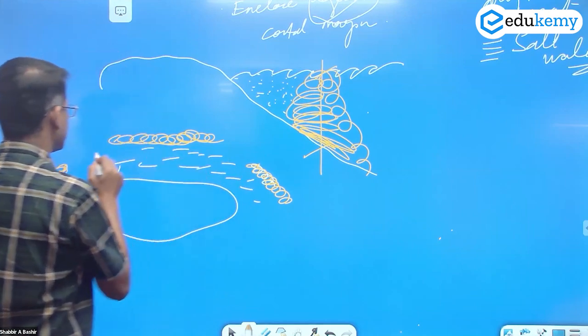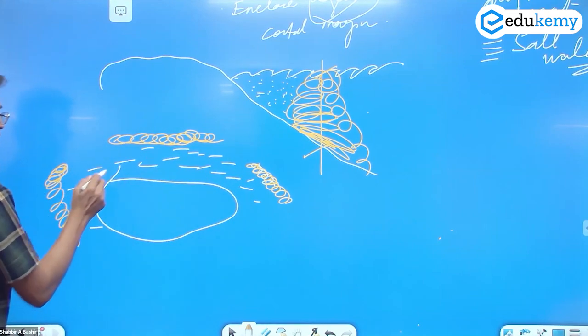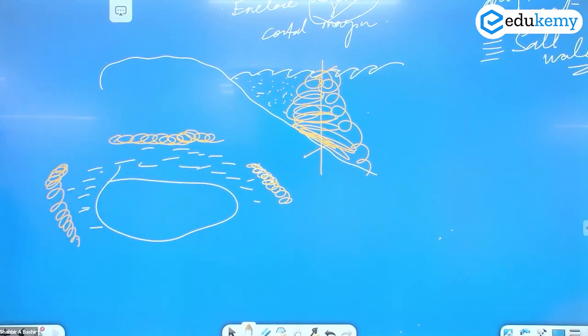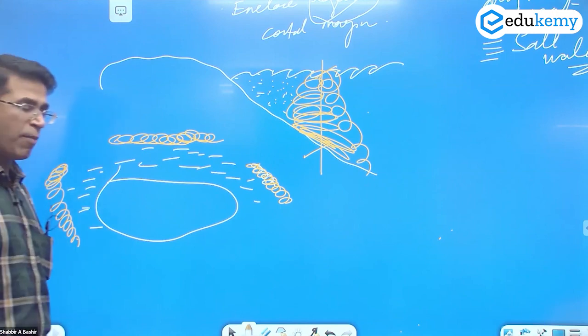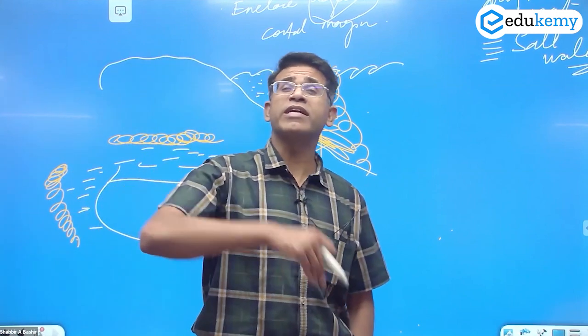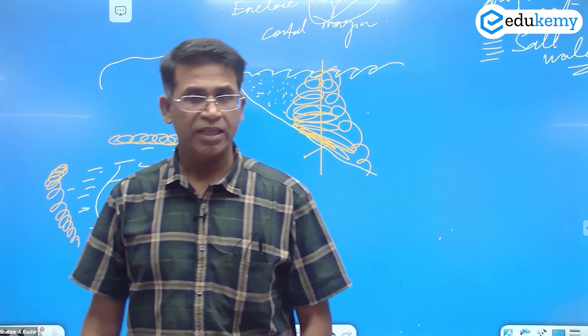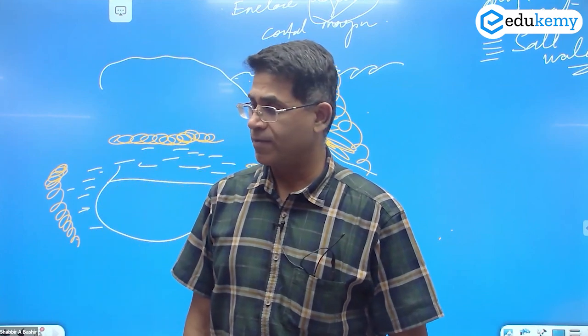Shallow waters, salt water, lagoons. ठीक है? The barriers, and remember barrier reefs are the most extensive of the coral reefs. They are the largest ones.